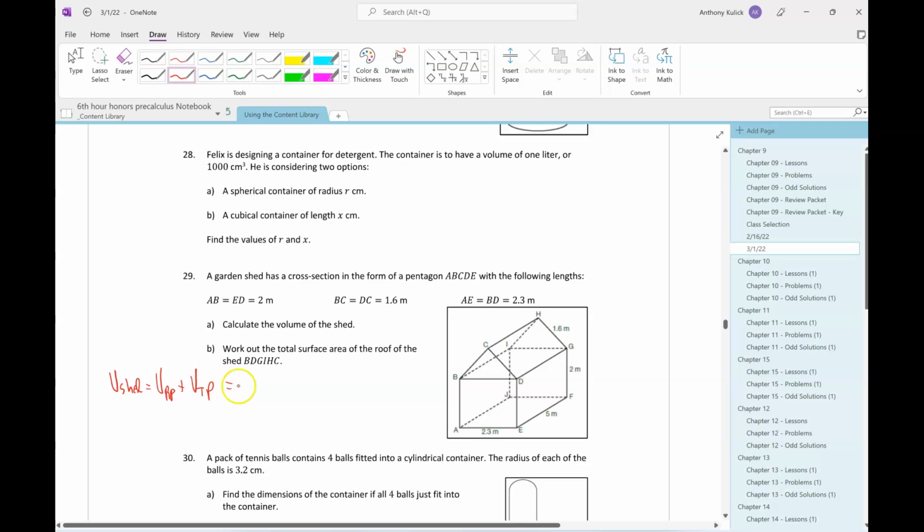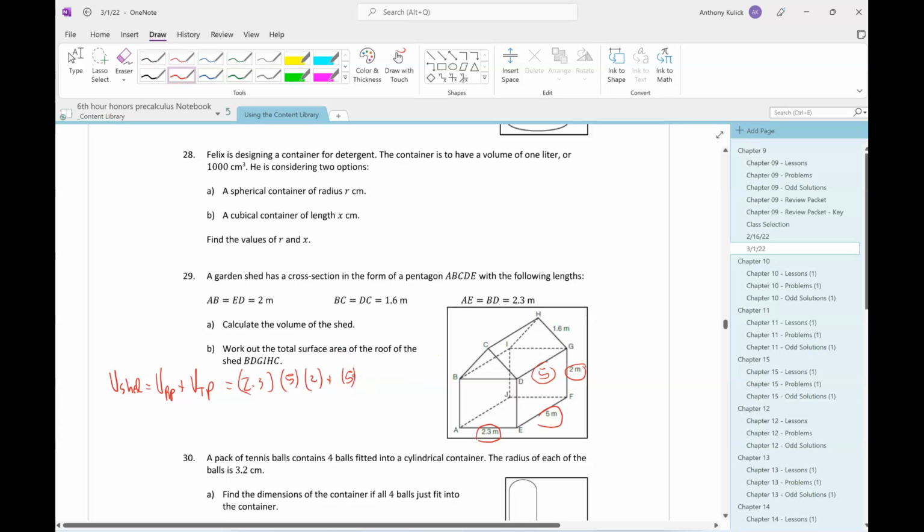The rectangular prism is just length times width times height. And then the triangular prism is the area of the base, which maybe isn't that clear, times the height, which is still 5.